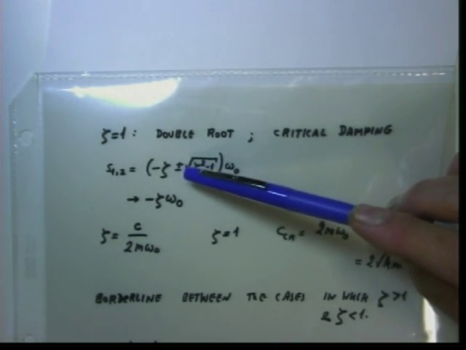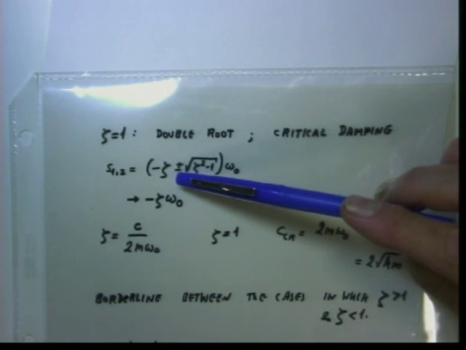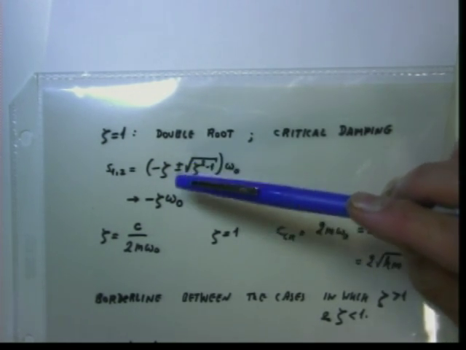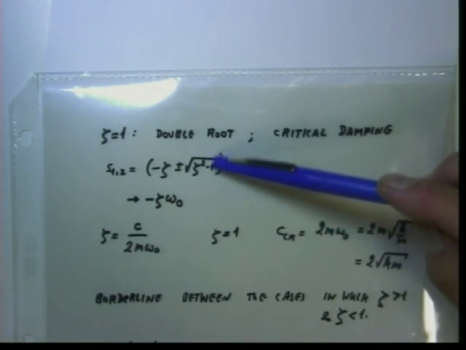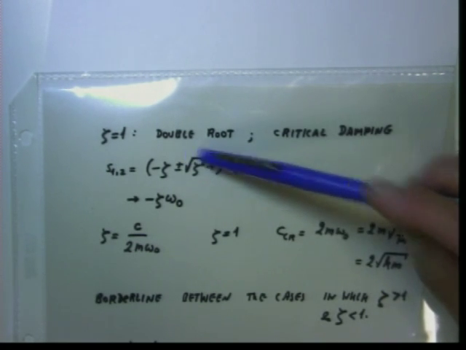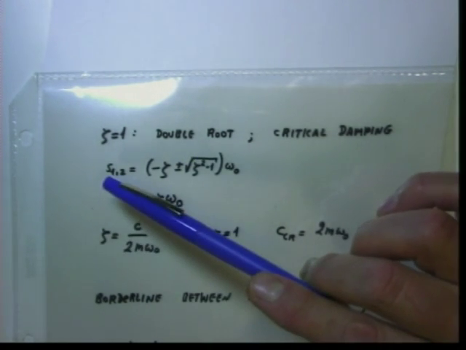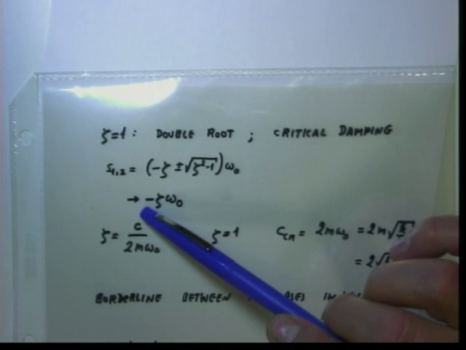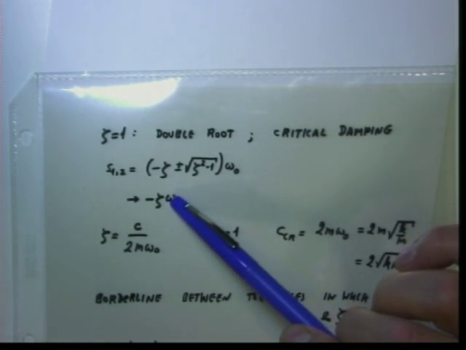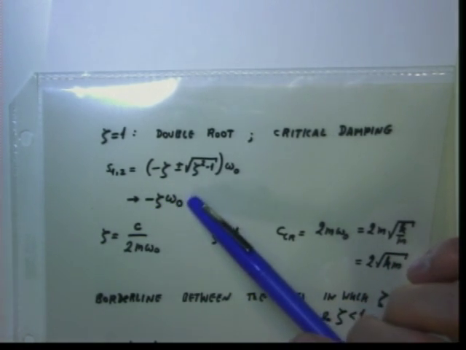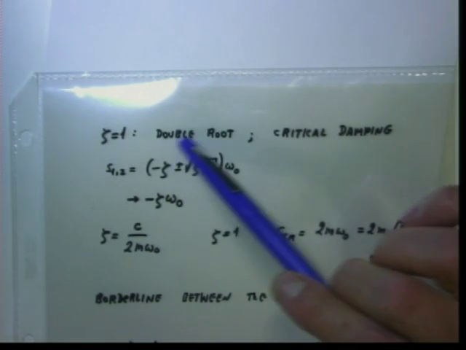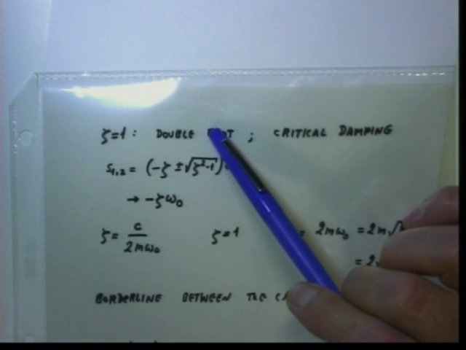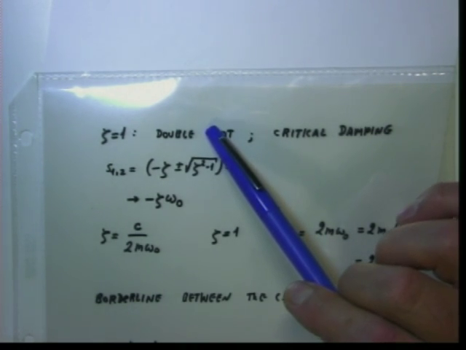So we get minus zeta plus or minus 0, because this term becomes 0. Therefore both roots coincide. They equal minus zeta omega sub 0, or just minus omega sub 0, because zeta is 1. So we have a double root.